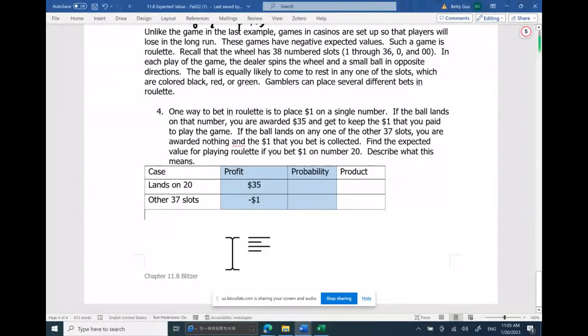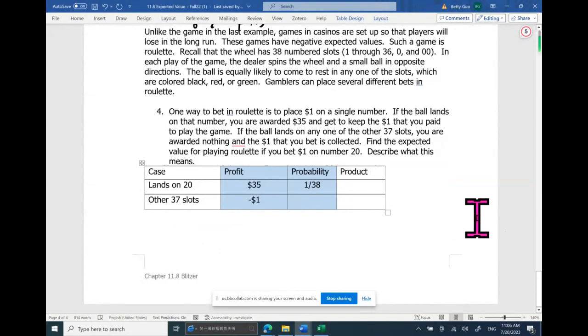Either the ball lands on the number you bet on, or not, right? So what is the probability? The ball has equal chance to land on any one of the 38 numbered slots, right? So landing on 20, the probability is 1/38.